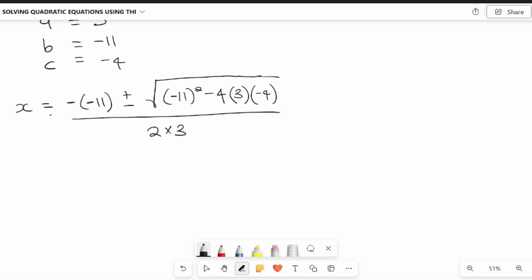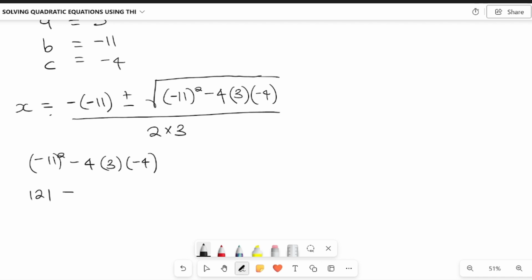Now, similar to the previous example, we can work out what we have inside the square root first. So that will be negative 11 squared minus 4 times 3 times negative 4. Now, we know that negative 11 squared will give us 121.